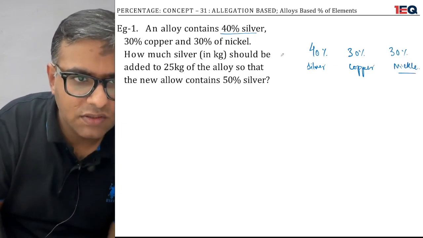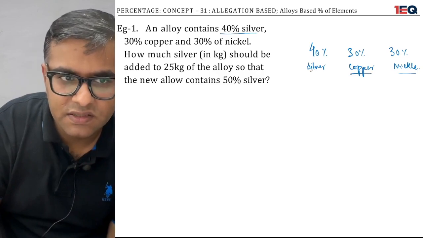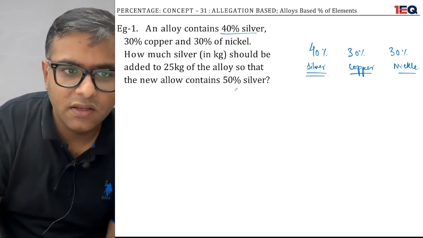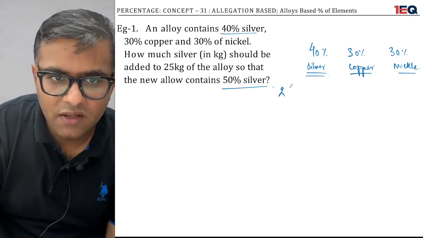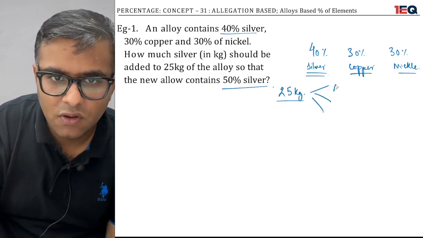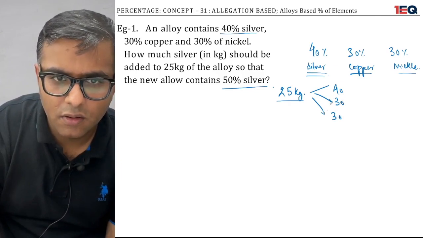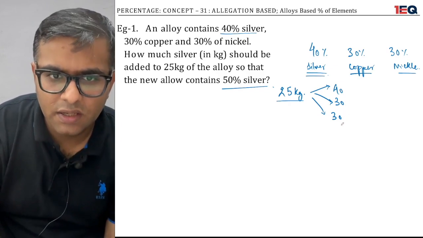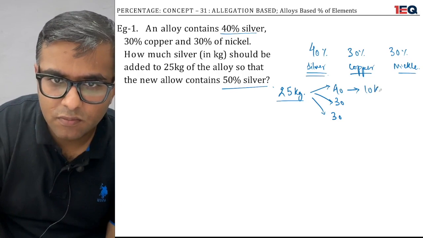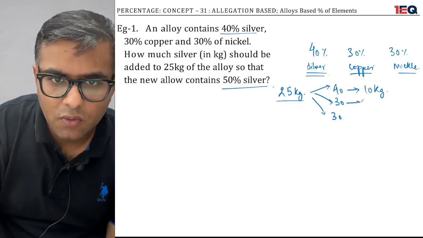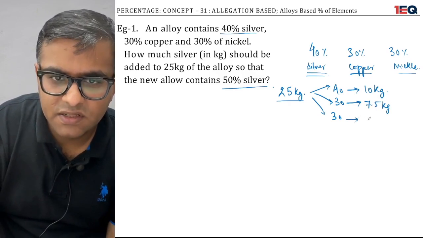How much silver should be added to 25 kgs of this alloy so that the new alloy contains 50% silver? If I talk about 25 kg of the alloy and split it into portions of 40, 30, and 30, then 40% of 25 kg is 10 kg. 30% of it is 7.5 kg, and the other 30% is 7.5 kg.